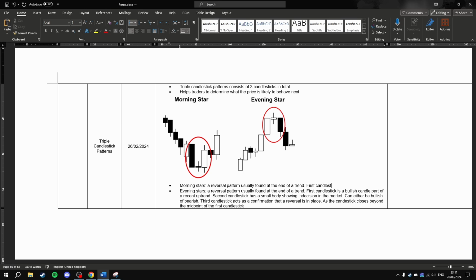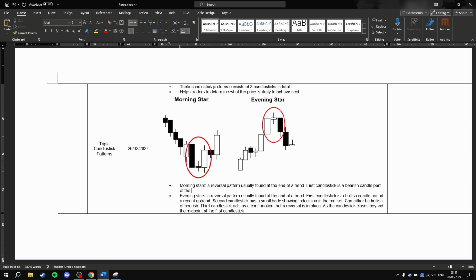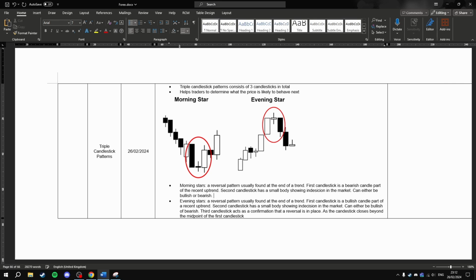The first candlestick is a bearish candle, part of the recent downtrend. Don't know why there's no spell check anymore. The second candlestick has a small body showing indecision in the market, can either be bullish or bearish.